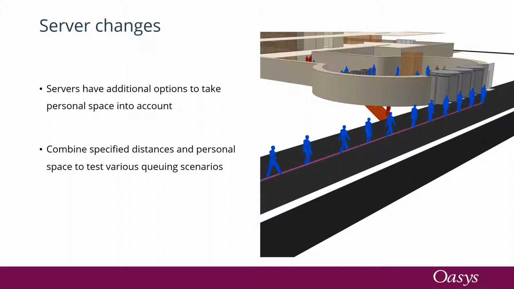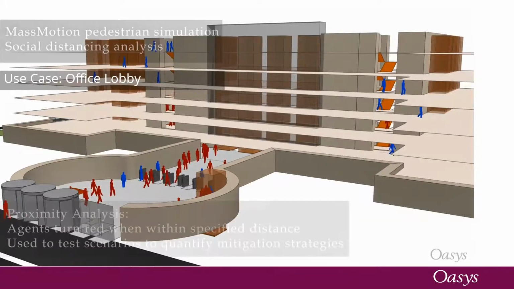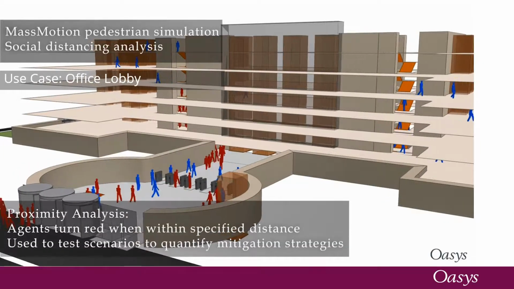We've upgraded the server object within MassMotion in order to have the ability to tweak various different parameters around that personal space setting. And so that could be either setting a constant spacing as previous MassMotion users were able to do, or to be able to say, take the maximum of the preferred spacing within here and individuals' personal space preferences.